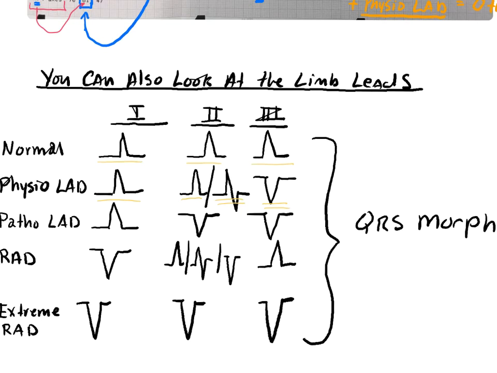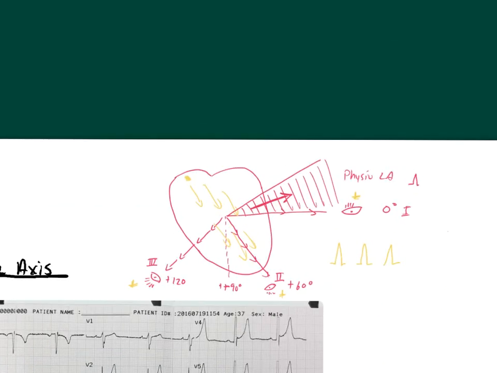Now let's go from physiological LAD to pathological LAD, which is -90 to -30, right in here, right? Would you guys agree? Yep. Pathological LAD is going to be in here. So we are definitely shifting toward lead 1.